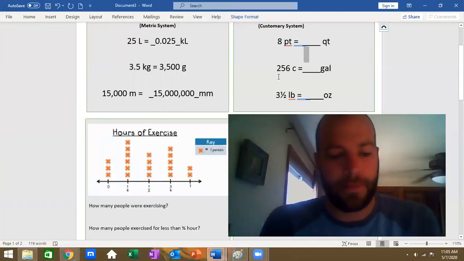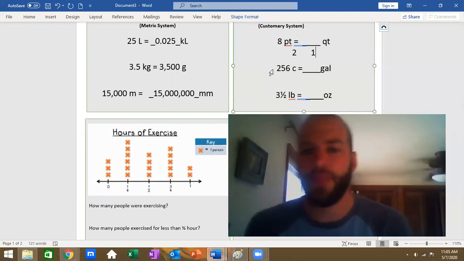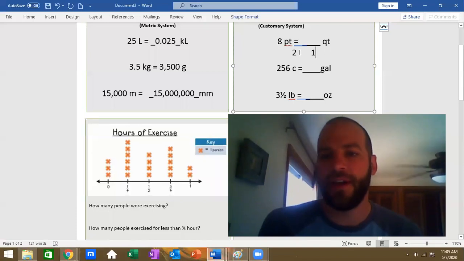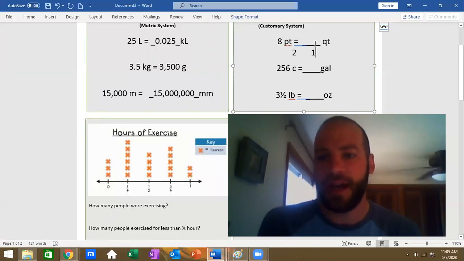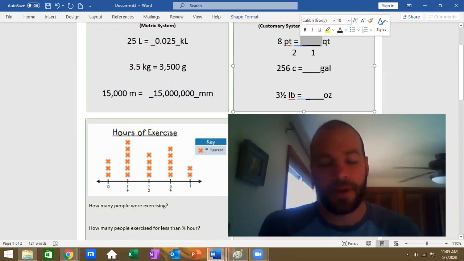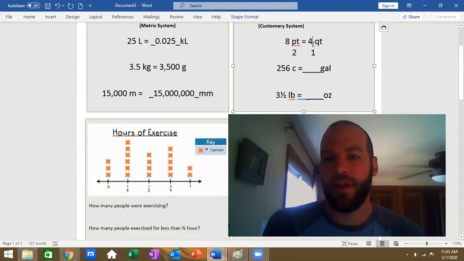Every quart has 2 pints. So the relationship is 1 to 2. So we want to keep that relationship alive. So this must be 4. Okay? Because if there's 4 quarts, you multiply that by 2 to get 8 pints.